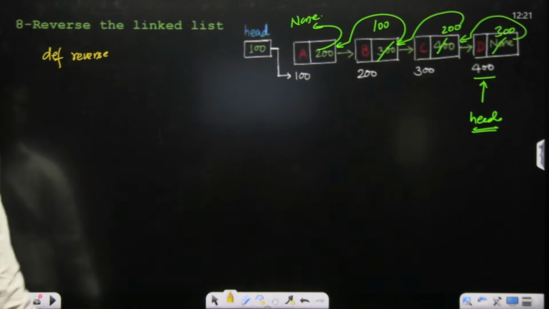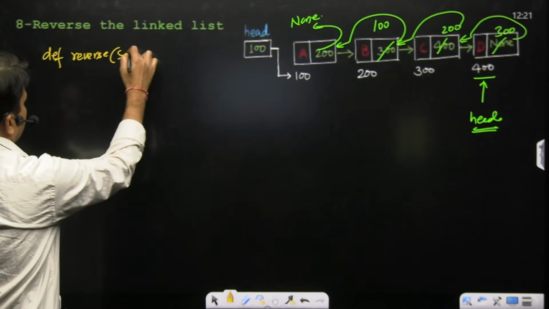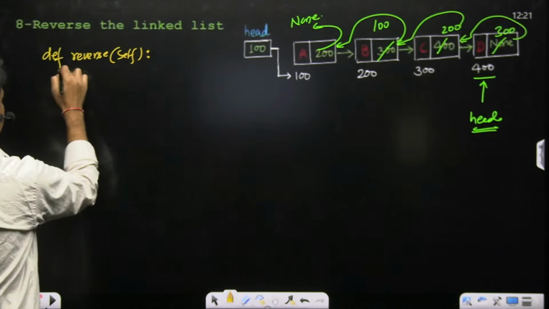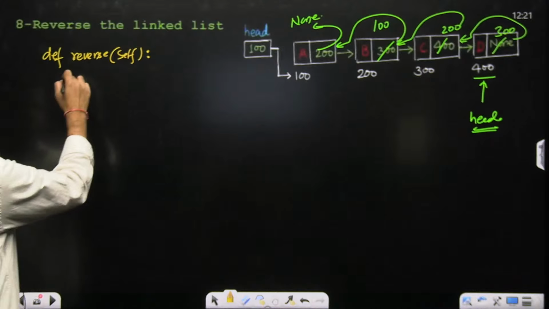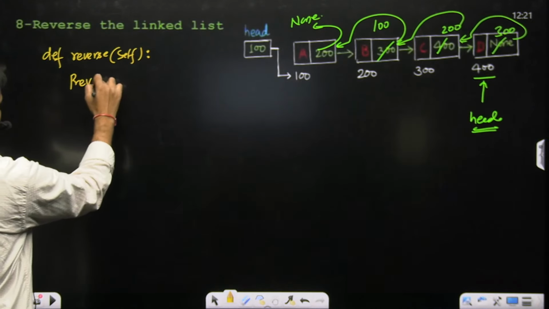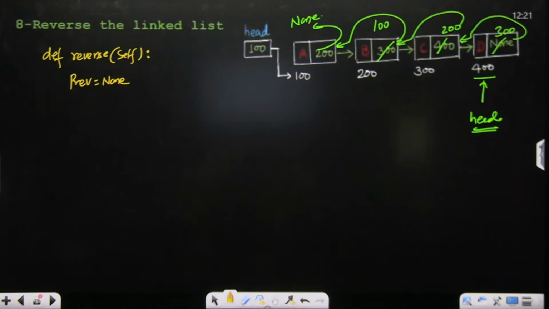Define reverse. The function name is reverse and takes self. Self is a parameter and previous, take one pointer, previous equals to none. And current equals to self dot head.